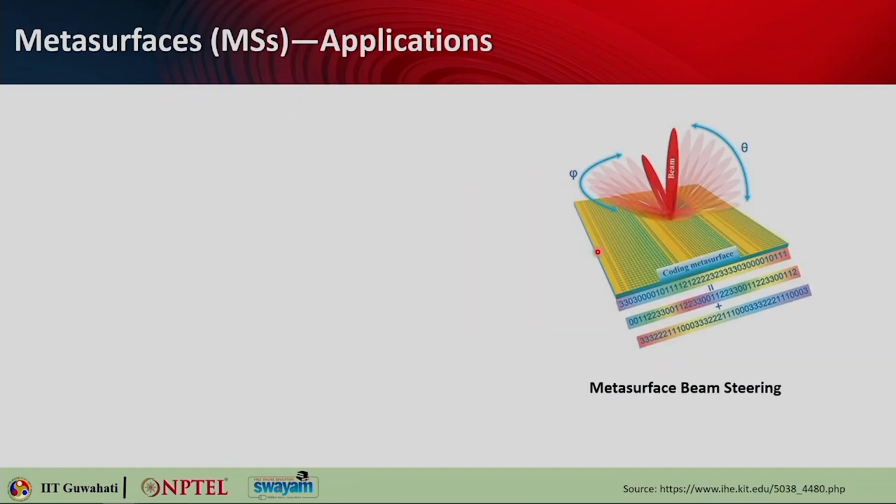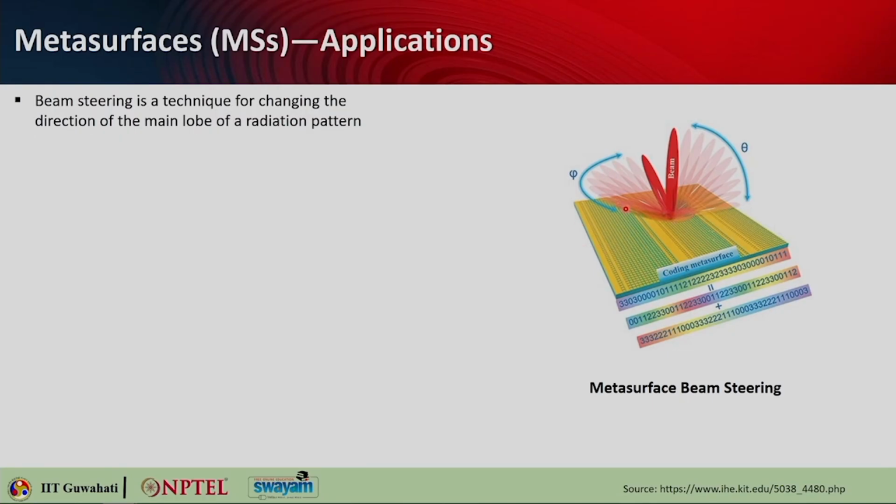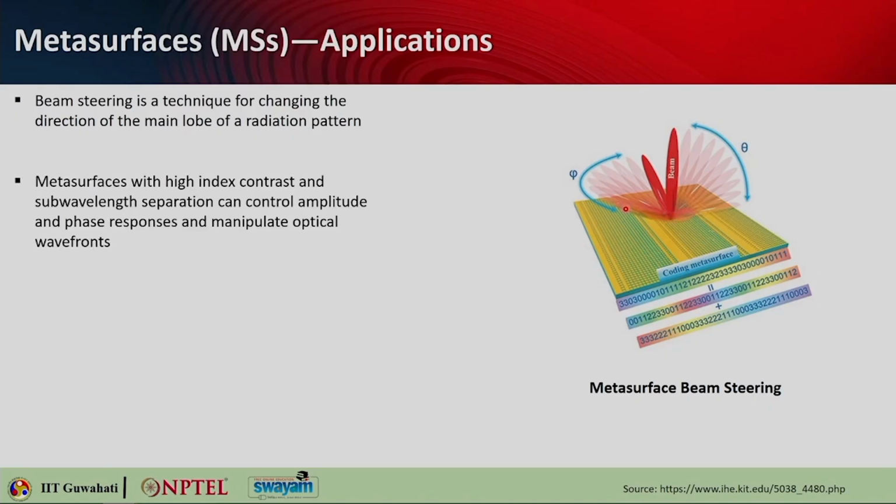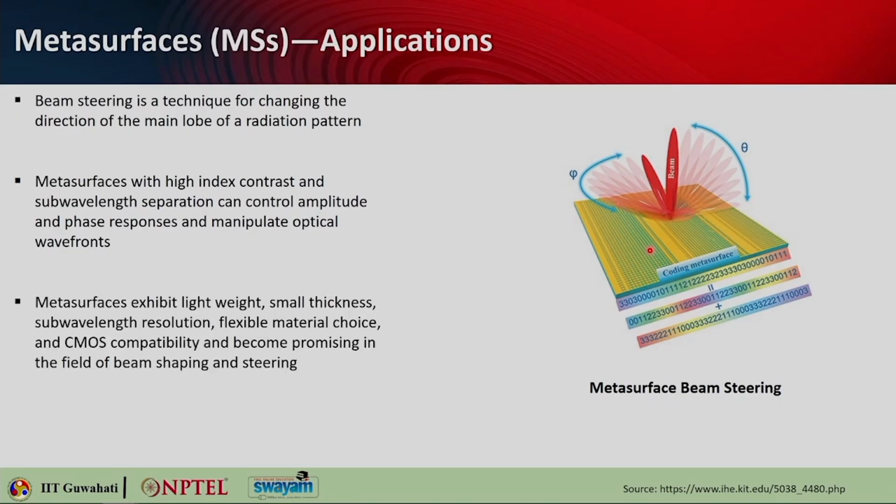Other applications would be like beam steering. In beam steering, you require it to change the direction of the main lobe of the radiation pattern to a desired position. So that is very, very important in different communication applications. So metasurfaces with high index contrast and sub-wavelength separation can control the amplitude and phase responses, and they allow you to manipulate the phase front, and that is how you can actually get beam steering done.